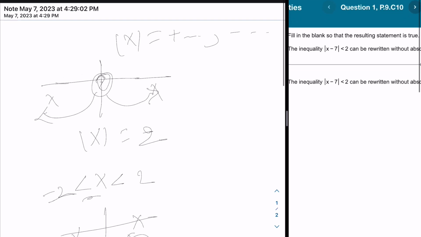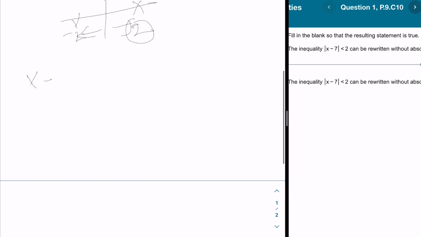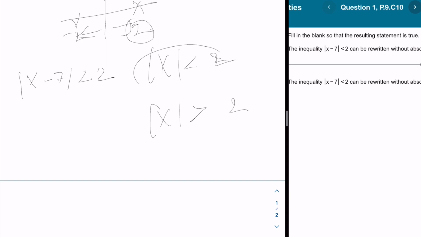we have our equation as the absolute value of x minus 7 is less than 2. One more thing: the equation can be given as these two things like this, or it can be greater than 2. So I'll show you both graphs.